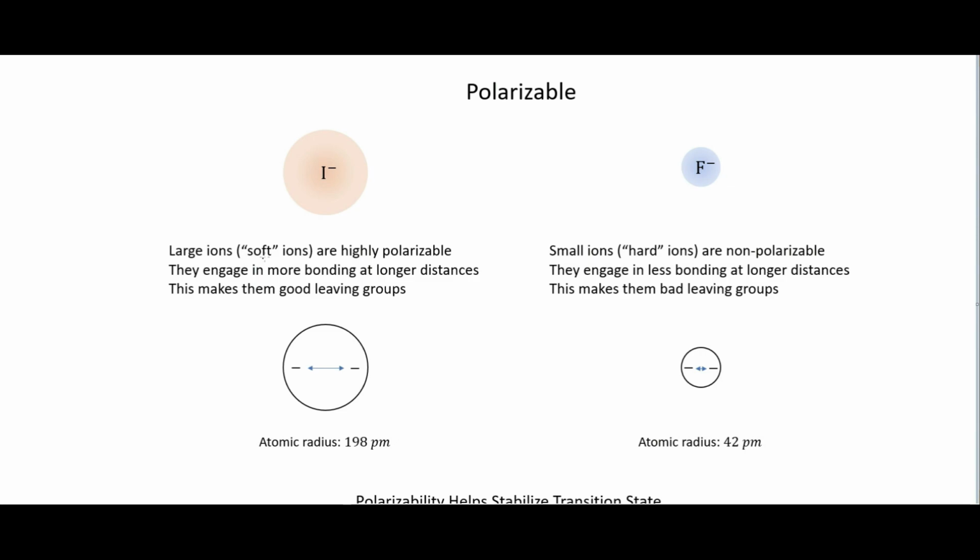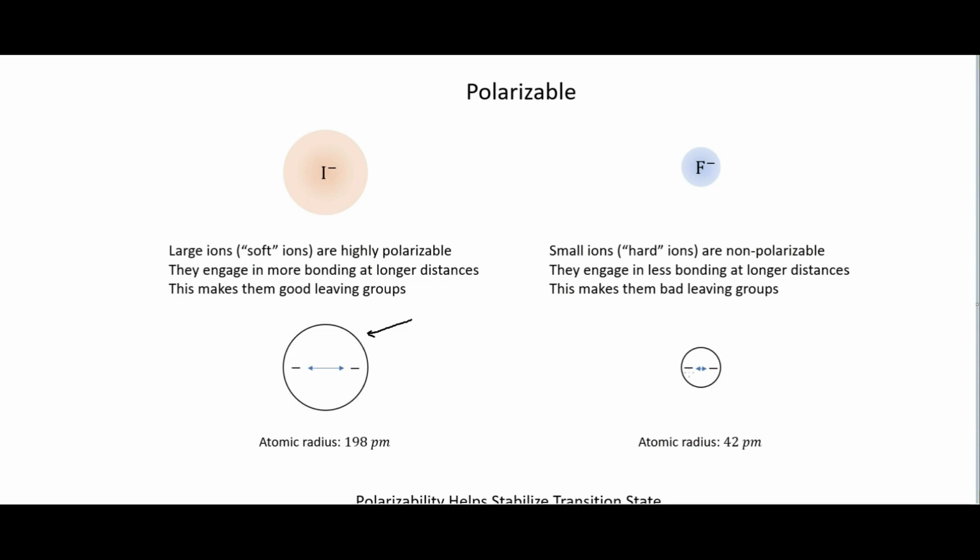These large or soft ions are highly polarizable, so they can engage in more bonding at longer distances, and this makes them good leaving groups. Remember, the polarizability has to do with how well they can accommodate this negative charge, because the negative charge is a cloud of negative charge.